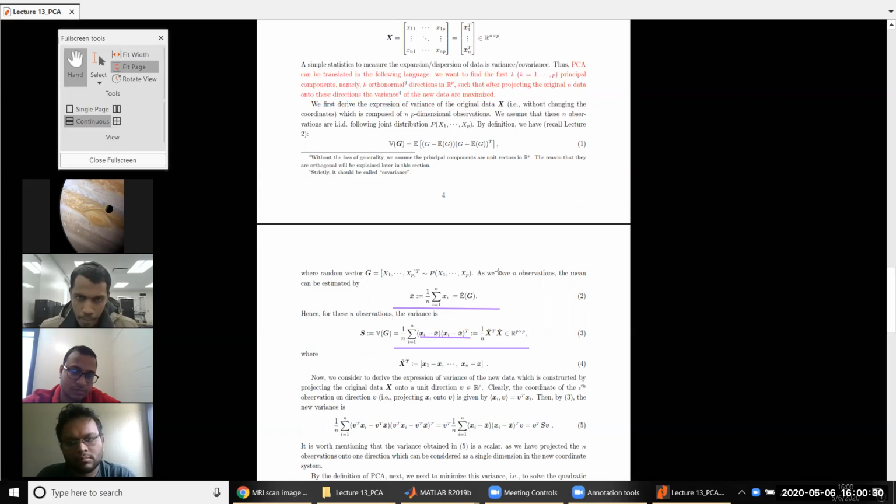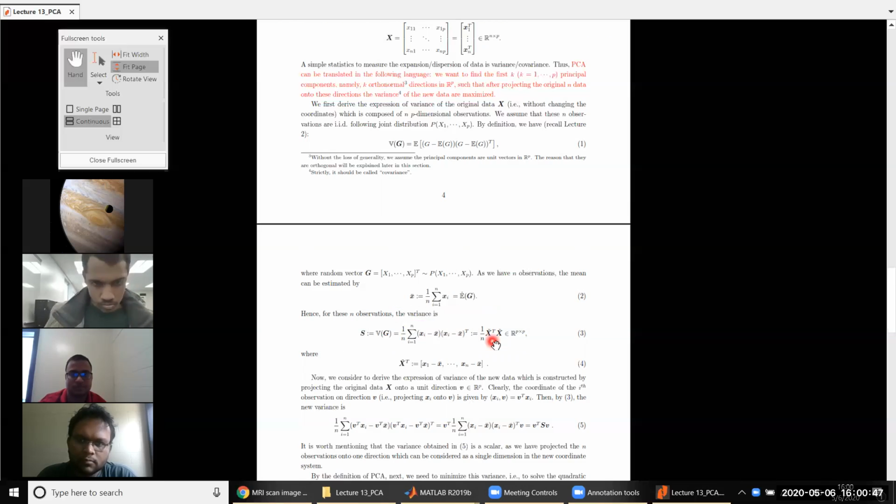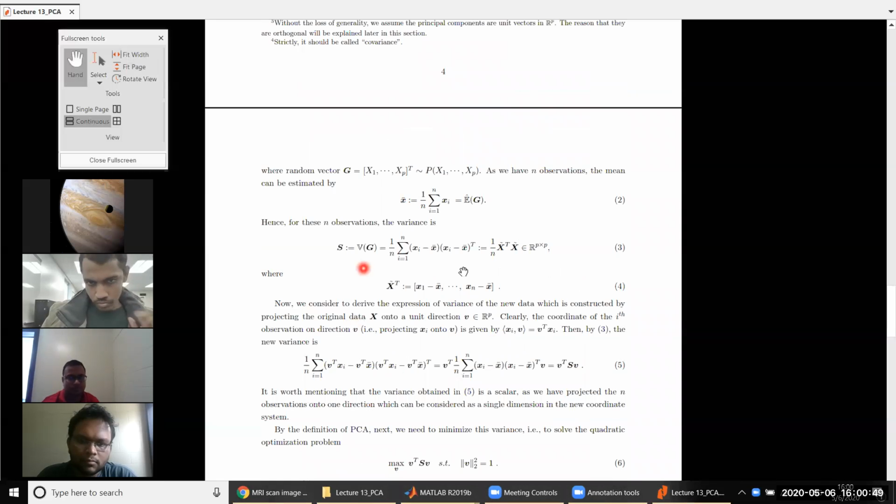That's why the variance of them equals the summation of them. And hence, I can define the variance in this way. So this is the variance formulation in the original coordinate system.